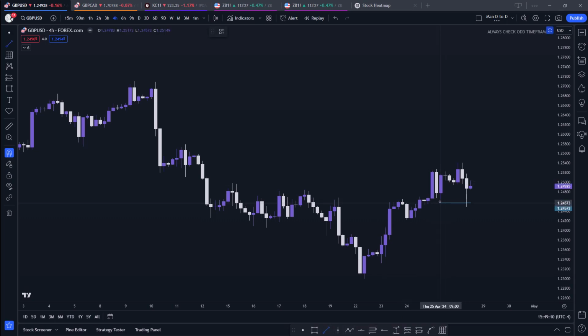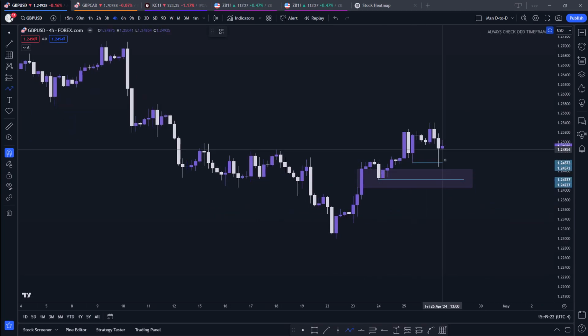So we have that swing low residing there. We also have this one residing here. If price can trade and close below this buy side imbalance, sell side inefficiency, then I may consider bearish price action. But right now, from the lower time frames, it looks more bullish than bearish.